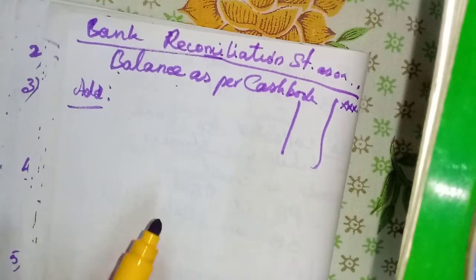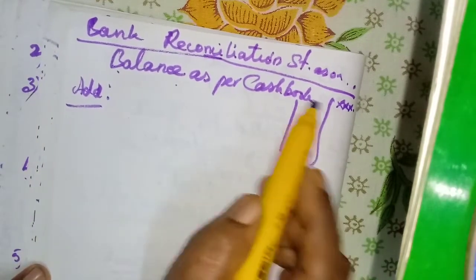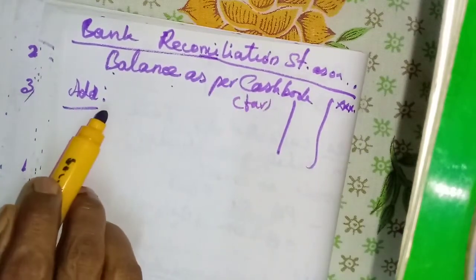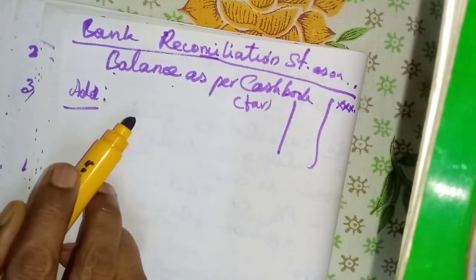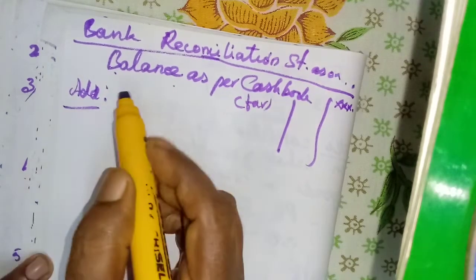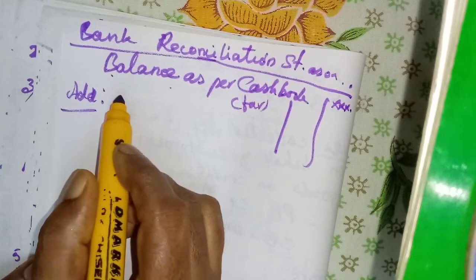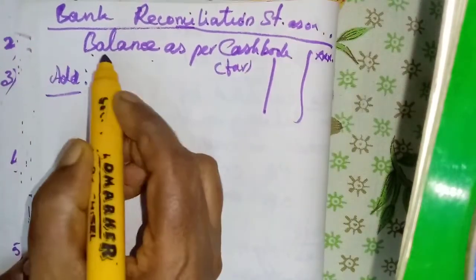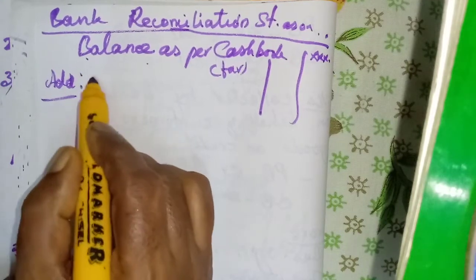Then we need to write balance as per cash book, if it is a favorable balance, that means debit balance. Then what items we have to add? You can study that by heart, and you should understand it.